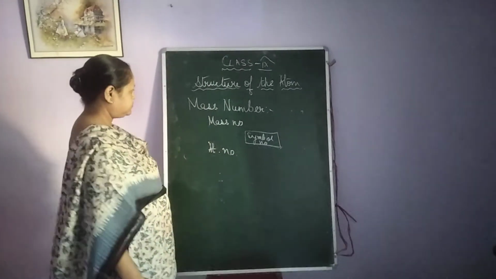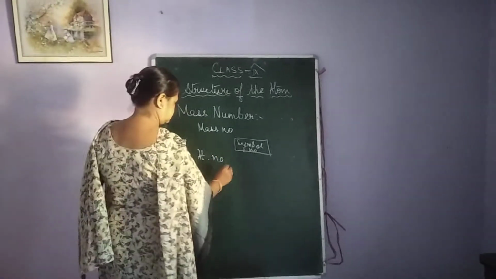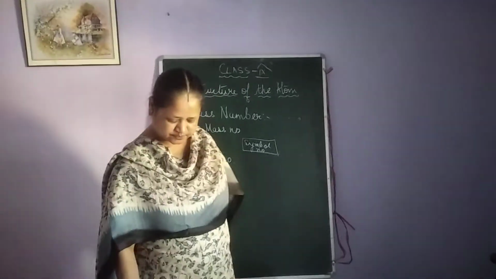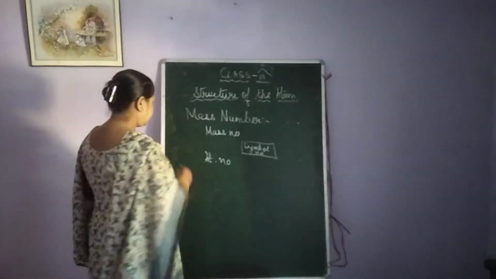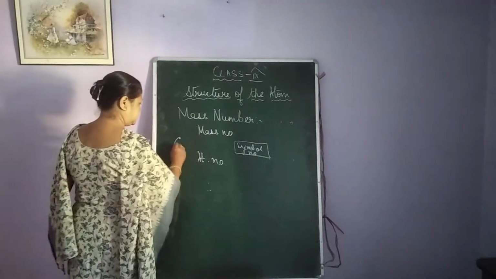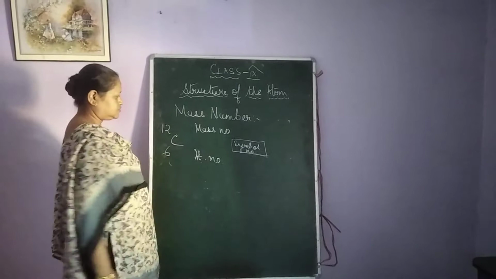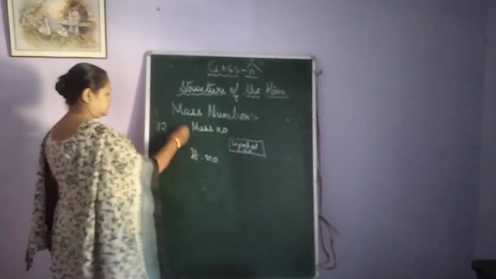Suppose we are talking about carbon: the symbol is C, the mass number is 12 and the atomic number is 6. So we represent it in this manner.